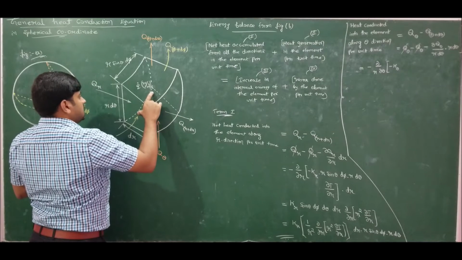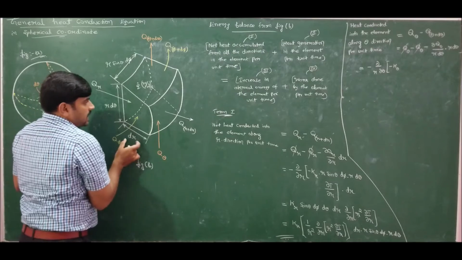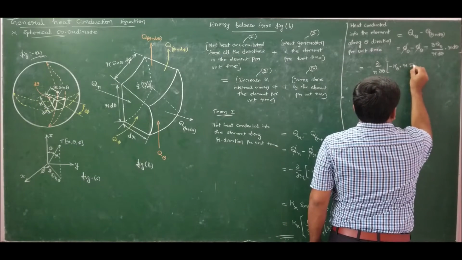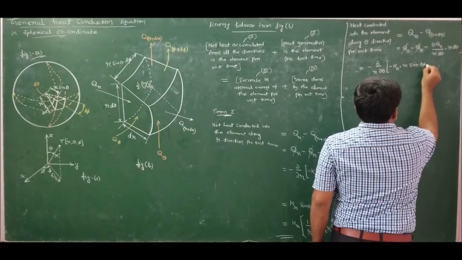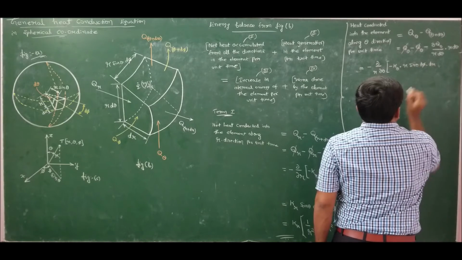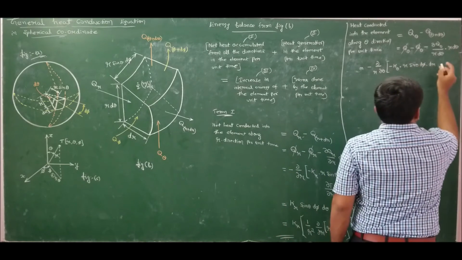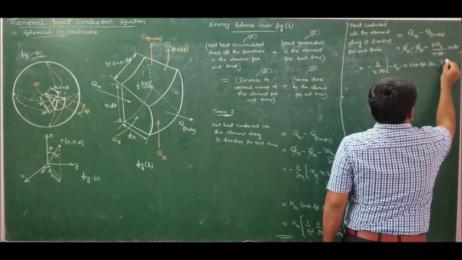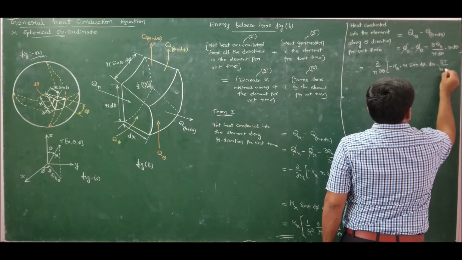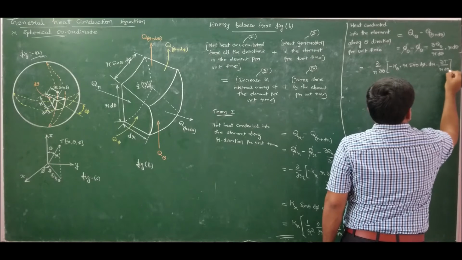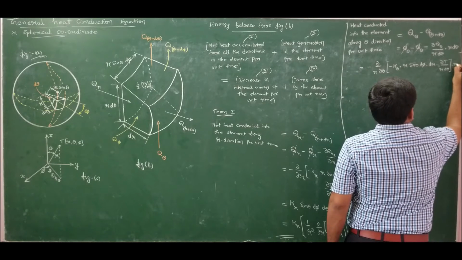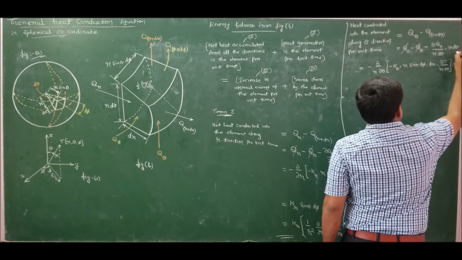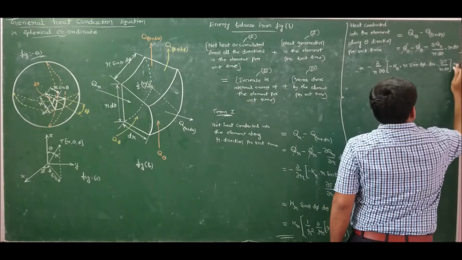This is r sin theta d phi and this is dr. So area is r sin theta d phi into dr, into dou T by length. Length is r d theta.